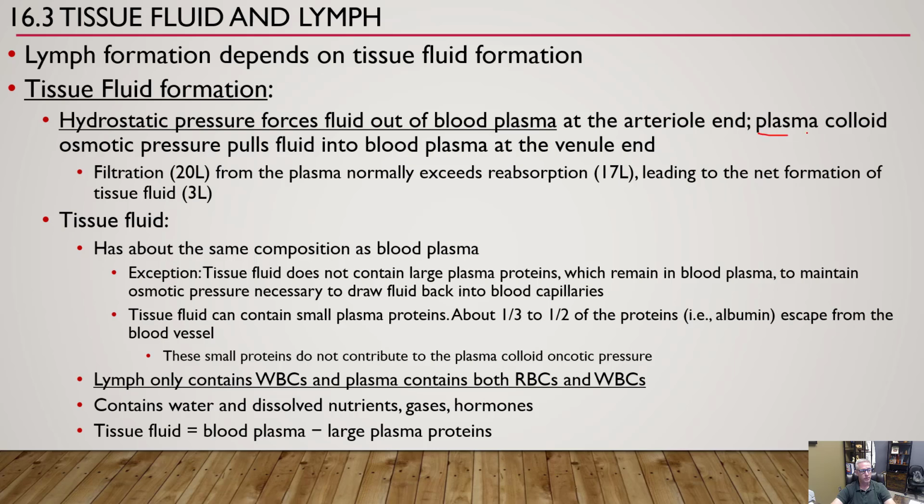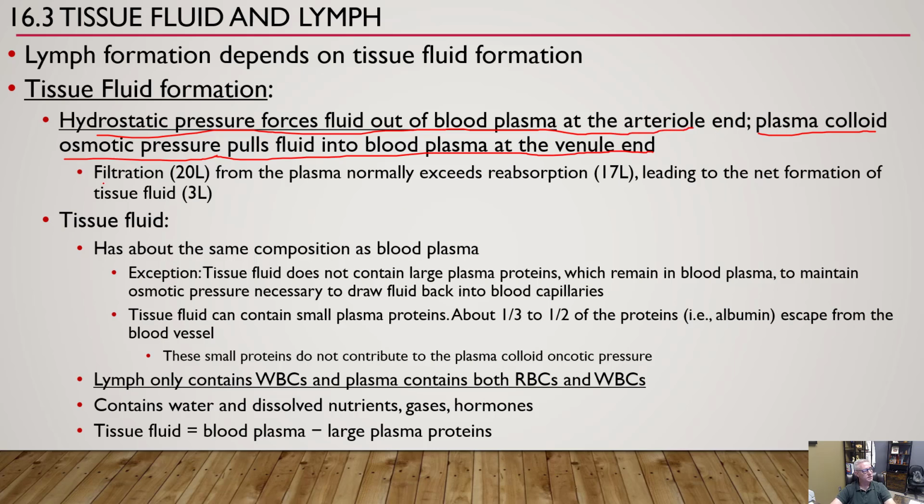So here we have that plasma colloid osmotic pressure. Our protein pressure is going to be greater on the venous end. Our hydrostatic pressure is greater on the arterial end.